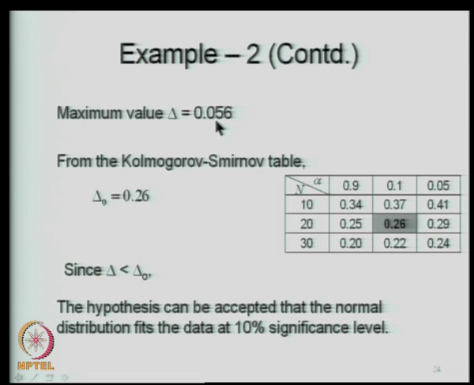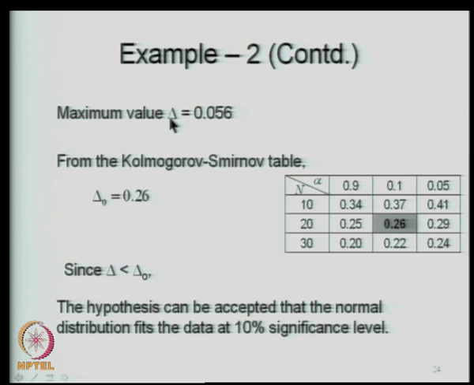We are doing the test at significance level of 0.1 or 10% significance. Our sample size is 20. So, we go to the Kolmogorov-Smirnov statistic table, associated with n equal to 20 and alpha equal to 0.1, we pick up the value 0.26. So, delta naught is 0.26.